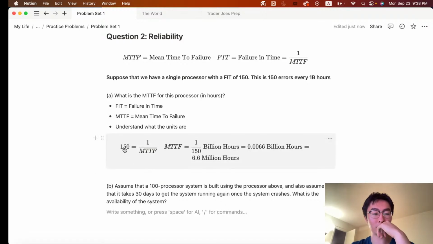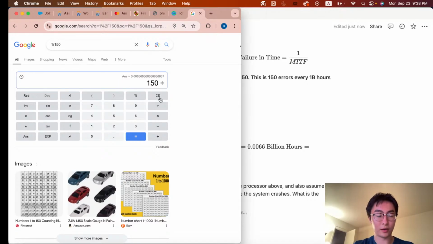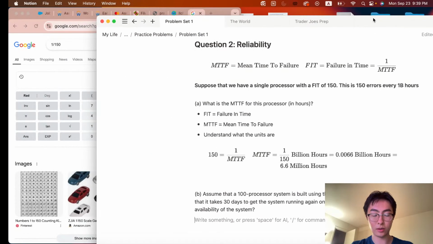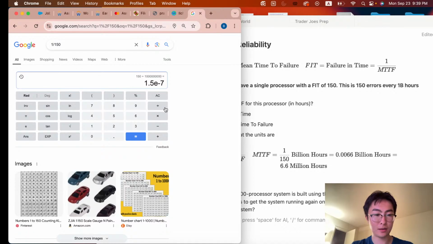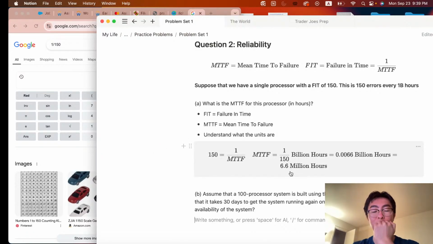What if we took 150 divided by a billion, and then one divided by that answer, giving 6.6 million hours.